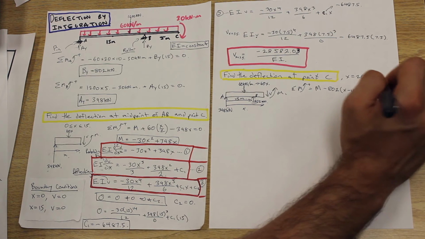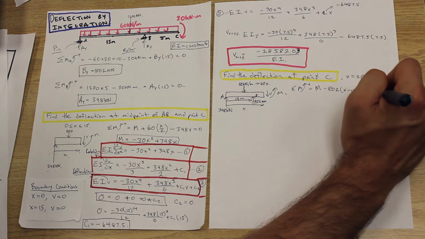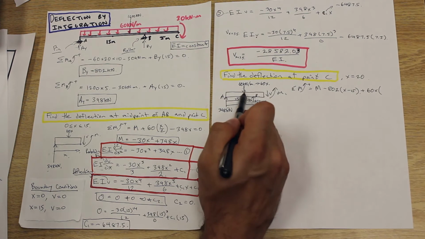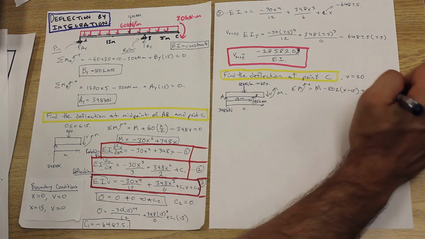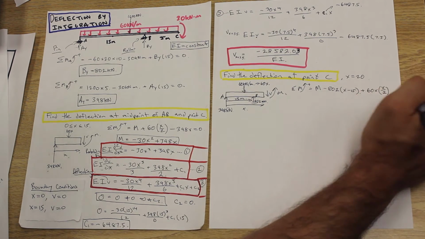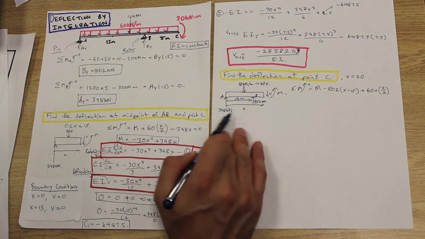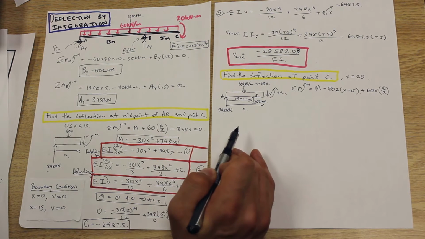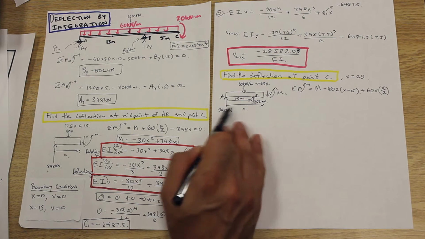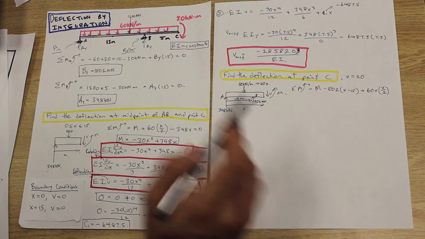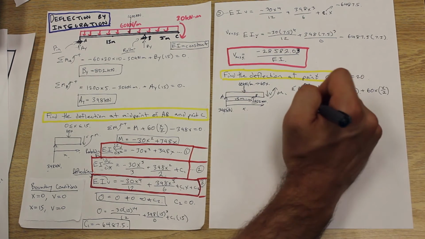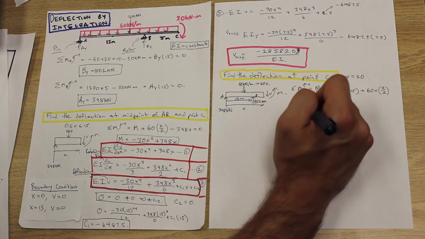So we have 60x, and the distance actually is x over 2, sorry. And we have, again, our 398 kilonewton force upwards, at a distance of x from where we cut the beam. I'm going to write that below here, and that is in the negative direction.